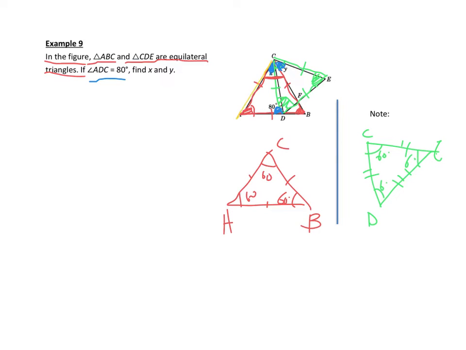Including the triangle ADC. So it is better for us to draw it by ourselves. This is the triangle ACD, including the x. That is 80 degrees, and that is the 60 degrees. So can you see that? After we draw it, actually we know it. Okay, that is how to find the x.